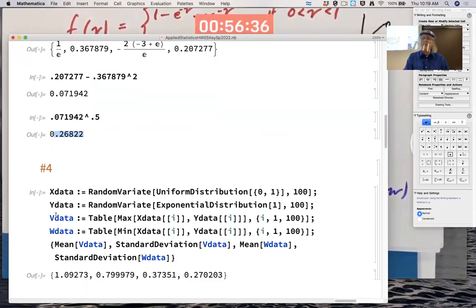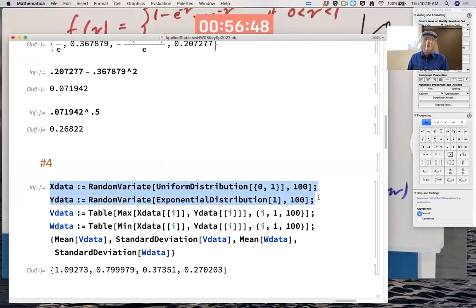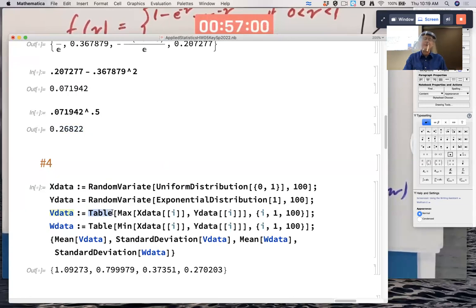As far as number 4 went, simulating with RandomVariate, there's various ways I think you could have done it. Here's the way I decided to do it. I used RandomVariate with uniform distribution and exponential distribution to generate X data and Y data. And then I found V data and W data this way. I used Table, and maybe there's a way to do this without Table, or maybe you just did something different.